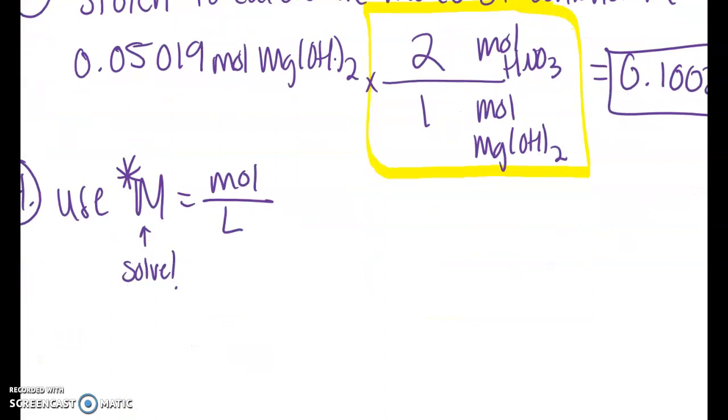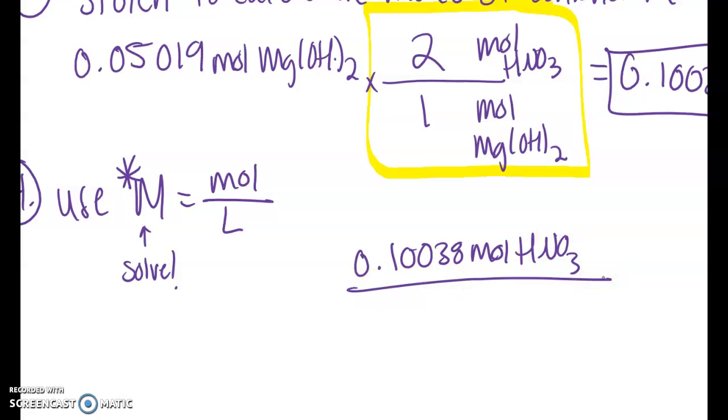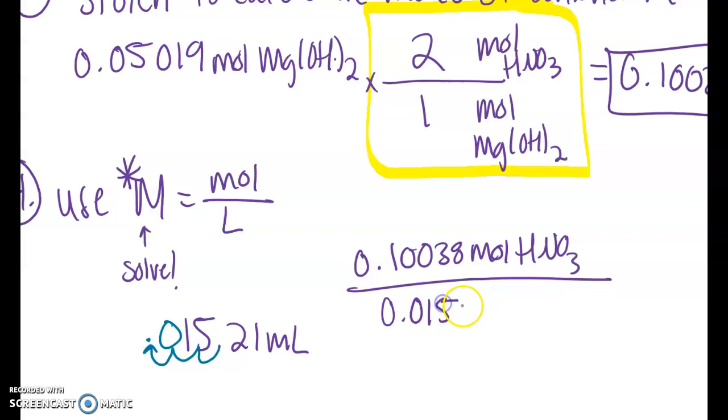So I'm going to set this up down here. I got 0.10038 moles of HNO3 over liters. So I'm going to convert my 15.21 milliliters into liters, moving the decimal spot 3 spots to the left. So if you need to see that, 15.21 milliliters, you take your decimal 1, 2, 3 spots to the left to turn it into liters. So 0.01521 liters.